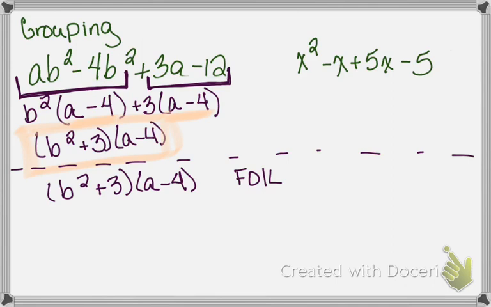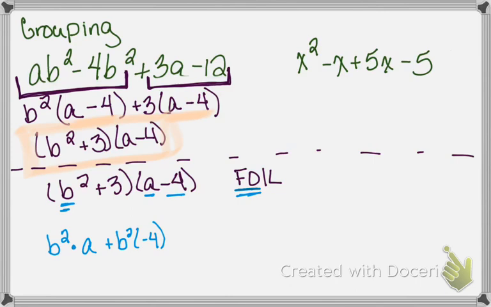When I use the FOIL method, the first thing I would do is take b squared and multiply by a, and then take b squared and multiply by negative 4. So I have b squared times a, then b squared times negative 4. That's my F and my O.